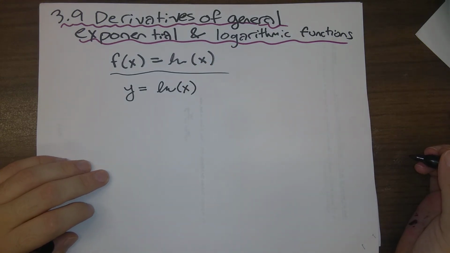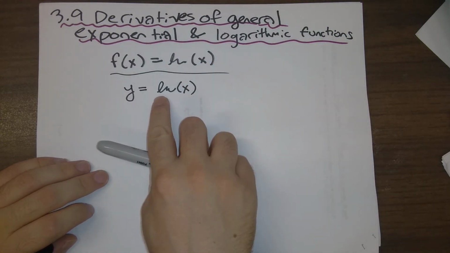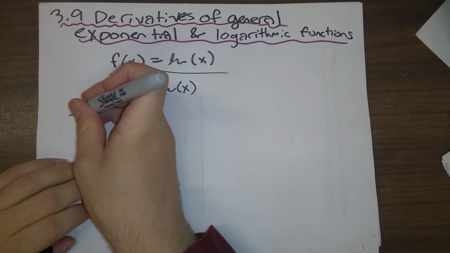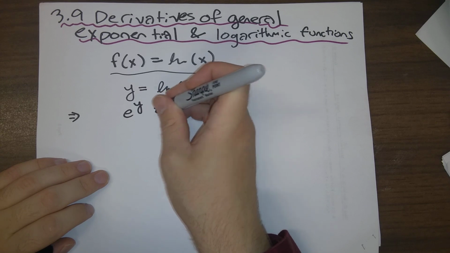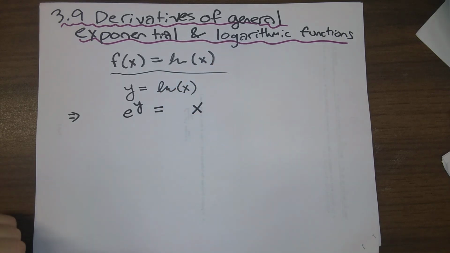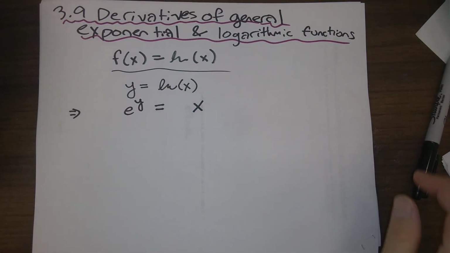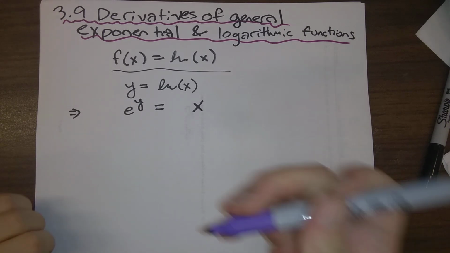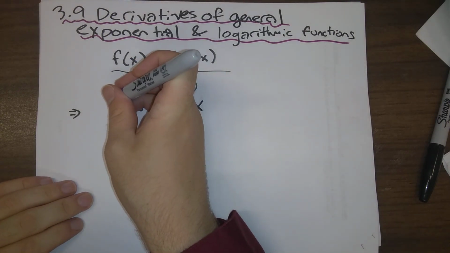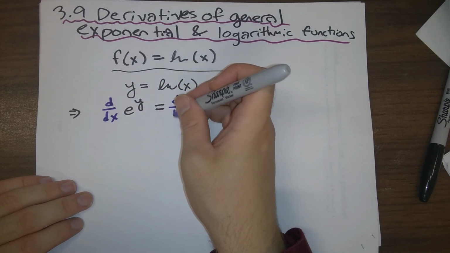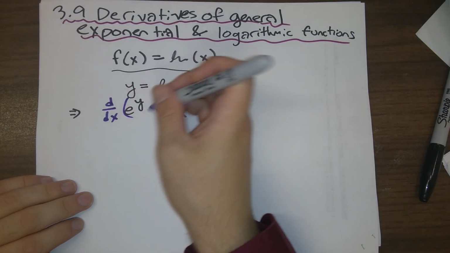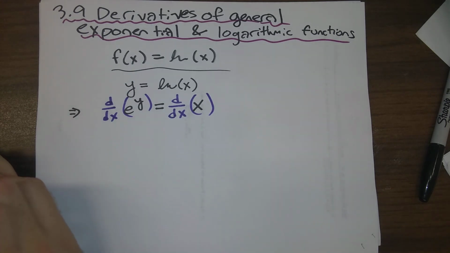This is equivalent to saying e to the y is equal to x. And this is an equation that we can take the derivative with respect to x of both sides.